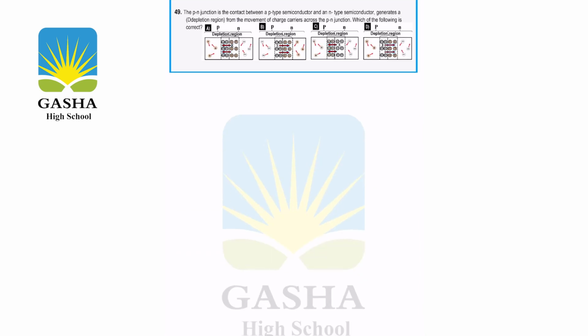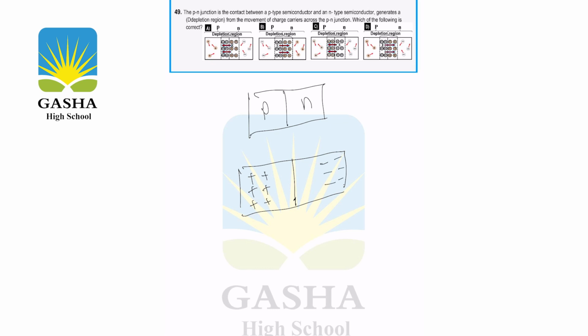49 is a picture of some diodes. We already know the diode is one p-n junction, P on one side and N on the other side. And in a diode, the majority charge carriers in P-type are positive and the majority charge carriers in N-type are negative.